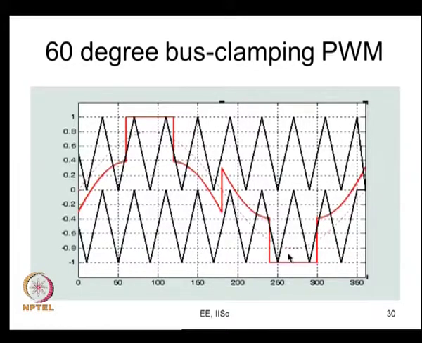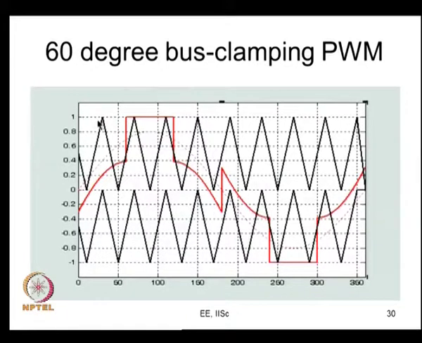Now, the same kind of 60 degree clamping we used, we looked at continual clamp and split clamp PWM methods for 2 level. Here also you can look at continual clamp PWM modulating waveforms, where a phase is clamped continuously to the positive bus for 60 degree and continuously to the negative bus for 60 degree, and here it is between 60 to 120 degree, in the middle of the positive half cycle. Here again it is in the middle of the negative cycle, it is not necessarily so.